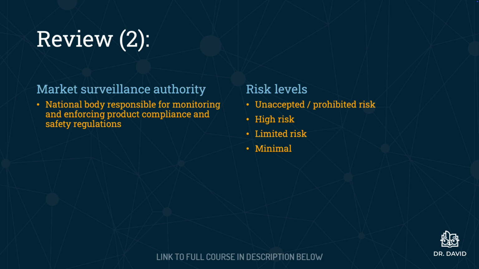You're going to see the term market surveillance authority a lot. Remember that this is a national body responsible for monitoring and enforcing product compliance and safety regulations. And the 4 levels of risk the IAPP wants you to remember are unacceptable prohibited risk, high risk, limited risk, and minimal risk.